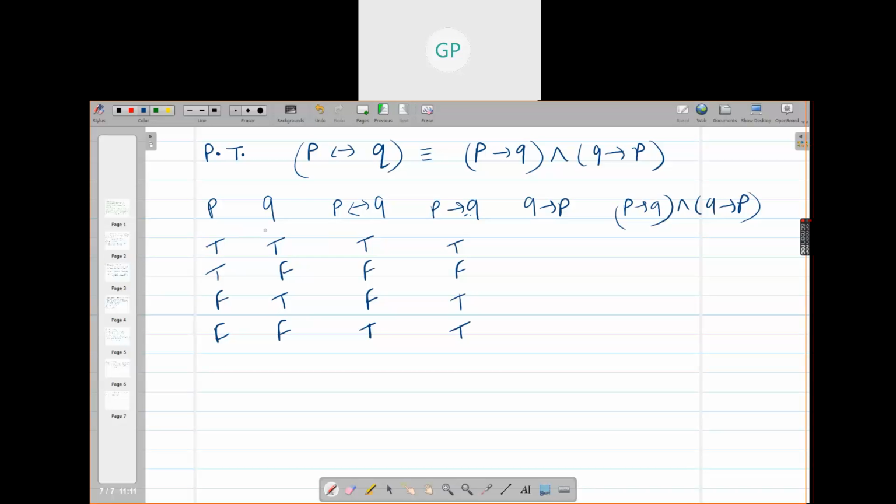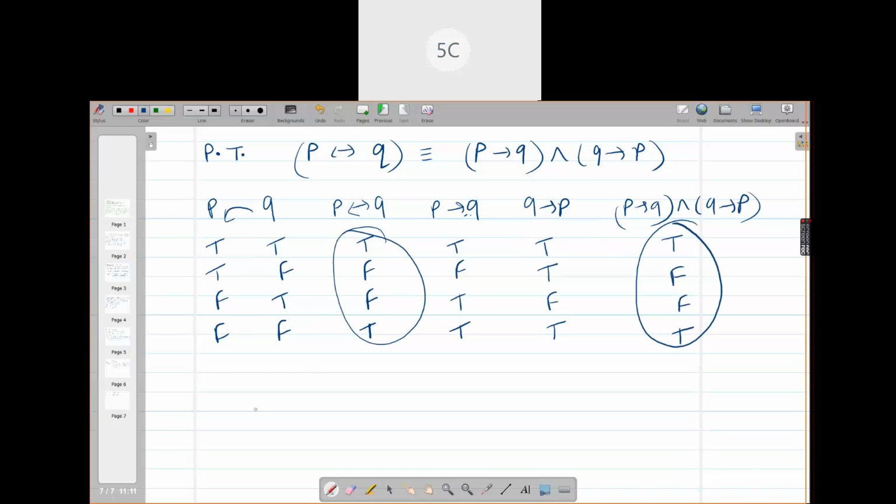This is the reverse. Q implies P: T T F T. Now conjunction of these two: T F F T. And now you see these truth values and these truth values.